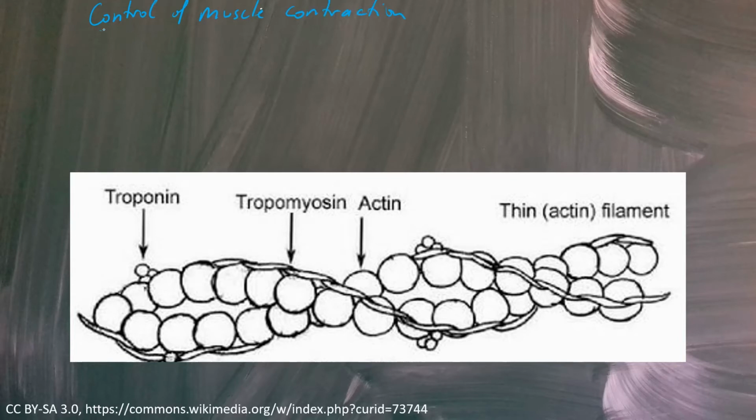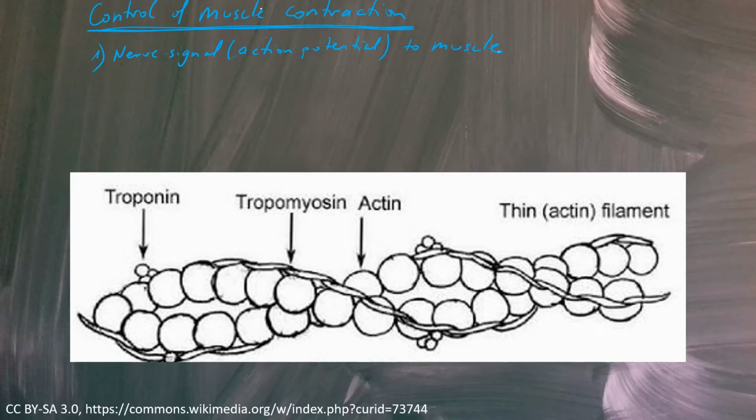When you move, where does this start? It starts, of course, in the brain, because there is a nerve signal, which we call an action potential, which travels down from the brain to the muscle.